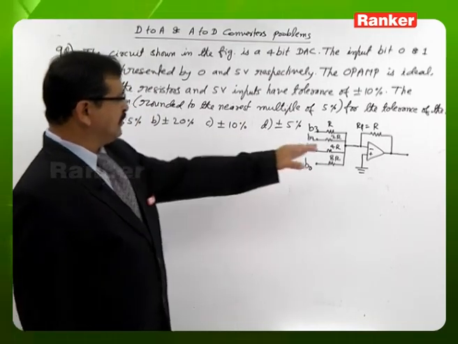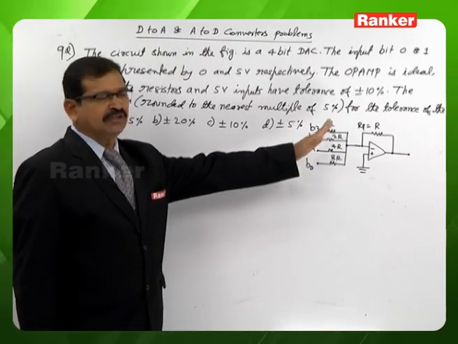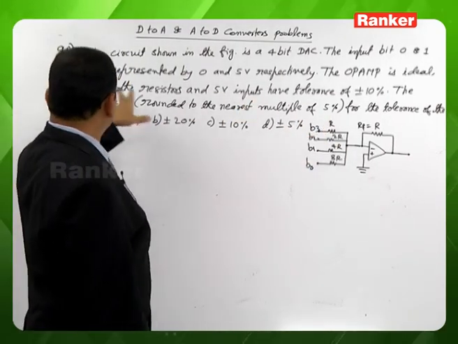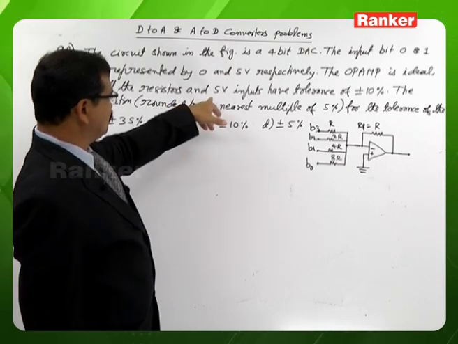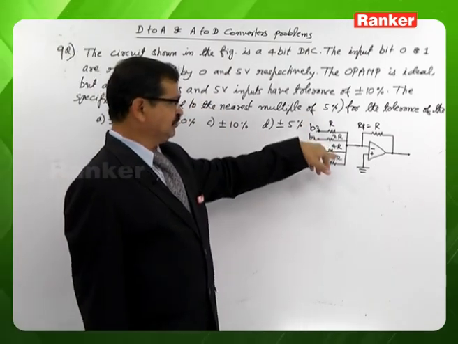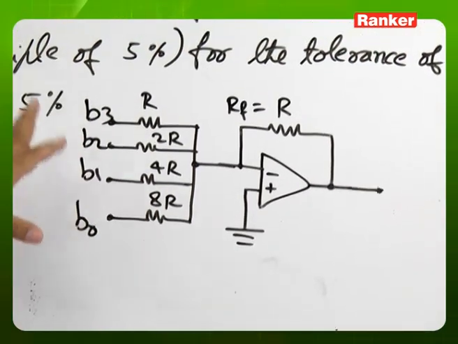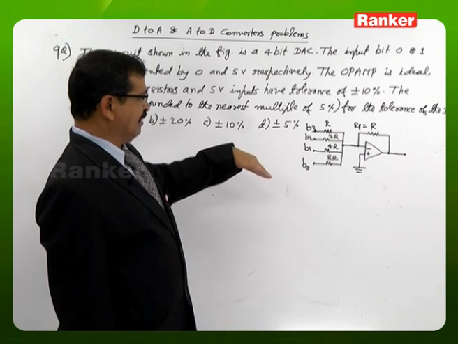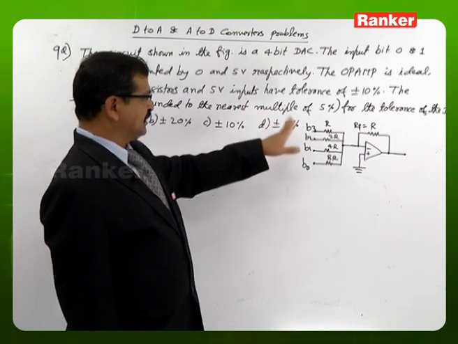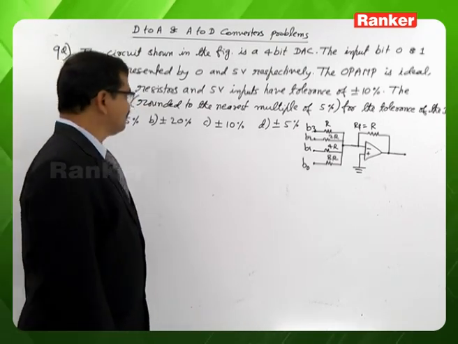The op amp is ideal, so it has high input impedance and low output impedance. But all the resistors and the 5 volt input have tolerance. The supply voltage and the resistors have a tolerance of plus or minus 10%.